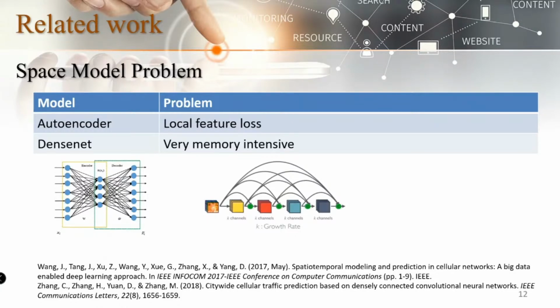In single models, DenseNet was proposed to predict cellular traffic. DenseNet is a densely connected CNN, which models the traffic of different base stations and captures spatial temporal dependencies of different base stations through convolution operations. However, DenseNet is very memory intensive.